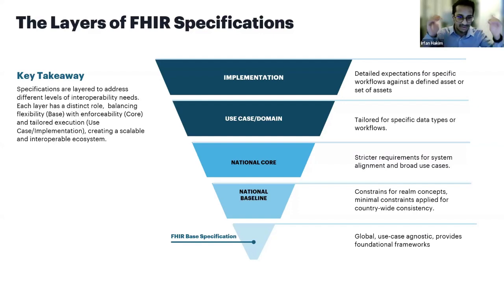So you go down even further that way. I will clarify a little bit more the difference between national baseline and national core. It's almost similar, but I'll get to that later in the presentation.